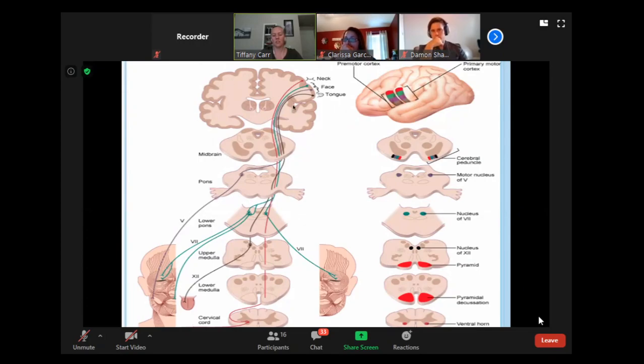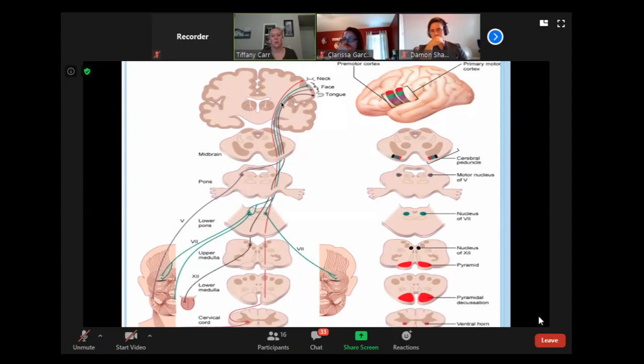Does that make sense? I know it's really tricky. One way to note the difference between upper and lower motor neuron is that the upper motor neuron is going to have spasticity. So you kind of have that tongue rolling. They'll have a really difficult time getting their words out and articulating.